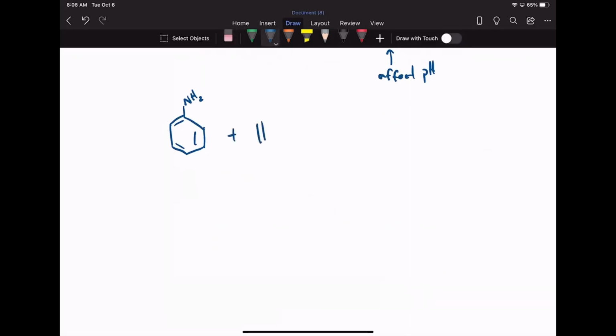So aniline plus hydrochloric acid. And now we're going to get the salt of a strong acid, weak base. So this is my strong acid. This is my weak base.